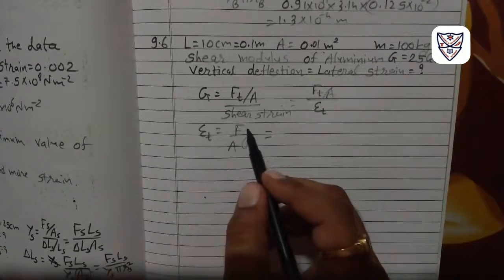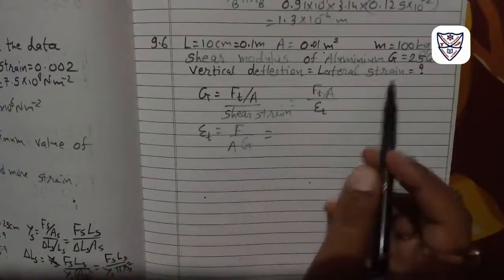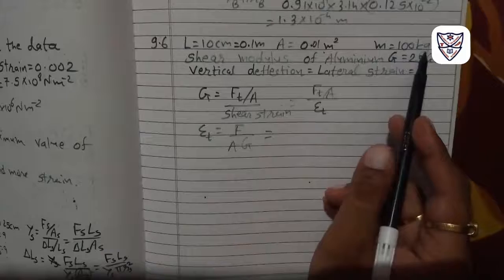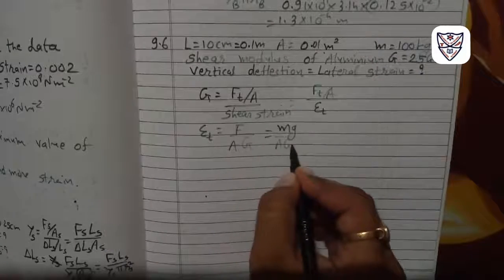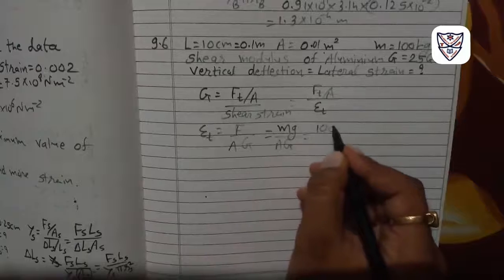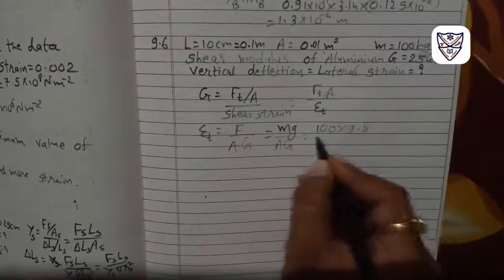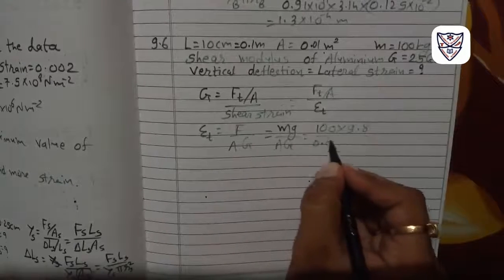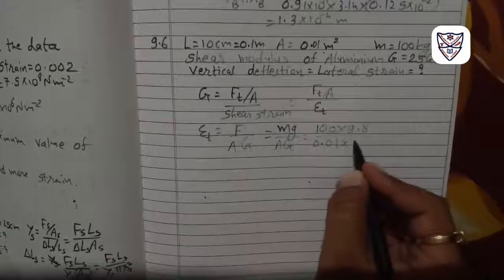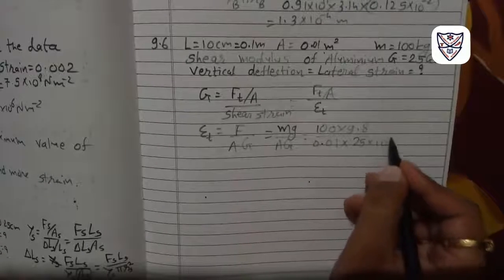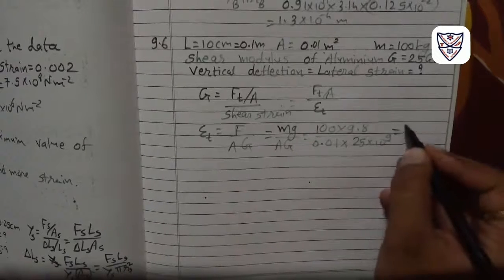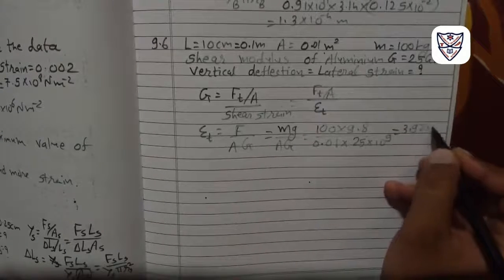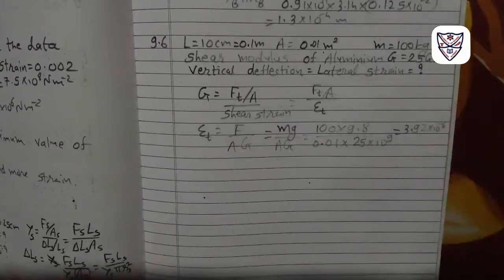F means force. See here, mass is 100 kg, so force formula is M into G. So 100 into 9.8 upon area 0.01 into G, that is 25 into 10 raised to 9. By putting all the values we get 3.92 into 10 raised to minus 6.